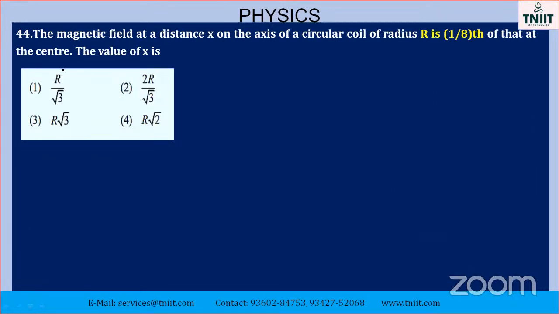Magnetic field at a distance x, that is on the axis, is getting 1 by 8 times the magnetic field at the center.